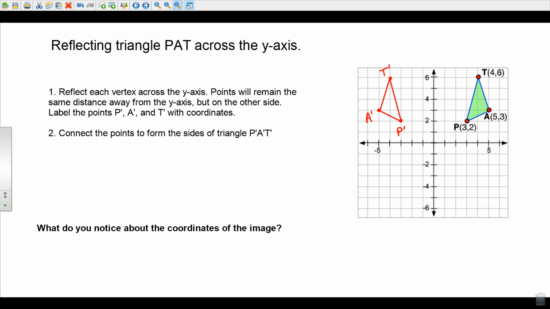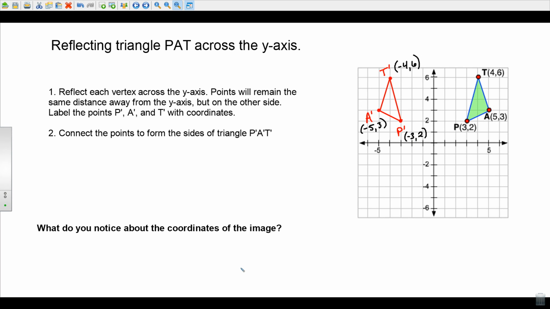Let's even throw in the coordinates of the vertices here, because I think we'll be able to notice something if we see the coordinates. So P prime is at -3, 2. A prime is at -5, 3. And then T prime is at -4, 6. So it might be helpful to pause the video and answer this question on your own, but what do you notice about the coordinates of the image?